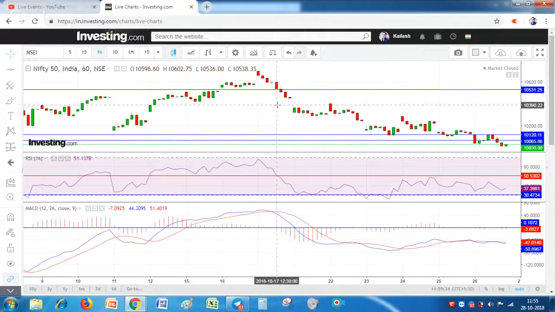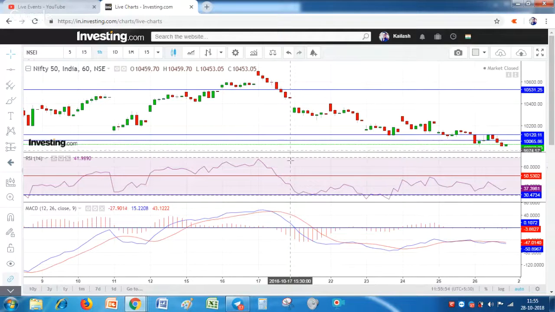Somewhere around 10,530 or 10,520, there was a signal that Nifty is weak now, a sell signal, a bearish crossover by MACD. So one would have gone short in futures at this level.